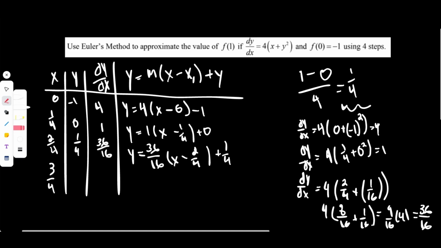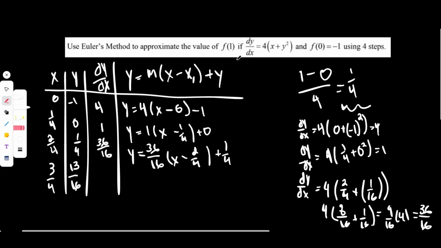So again, I'm taking this x value and plugging it back into this tangent equation. So 36 over 16, times parentheses 3 over 4 minus 2 over 4, plus 1 over 4, which gives me a y value of 13 over 16. And then we're going to plug these ordered pairs back into our dy over dx equation.